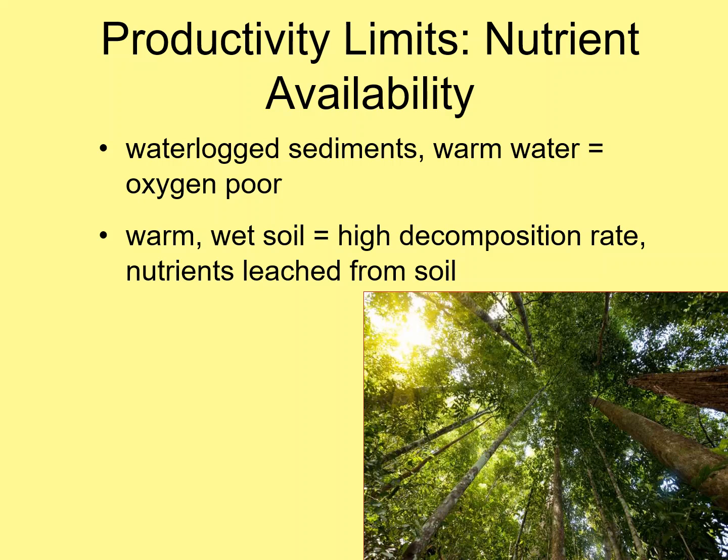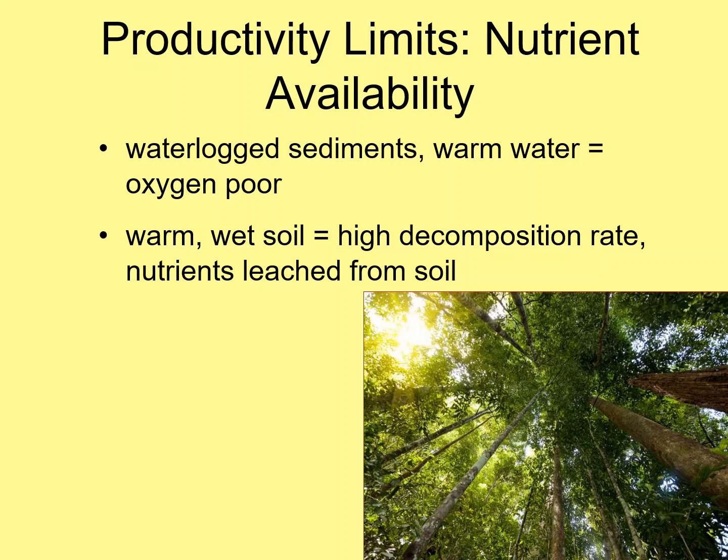So other places where you would expect to see very nutrient poor soil, for example, would be something like a desert, right? Because you've got oxygen, right? It's warm, but you're missing that third factor. You're missing water.